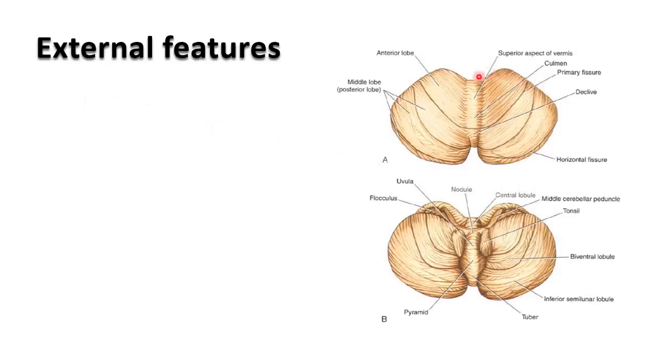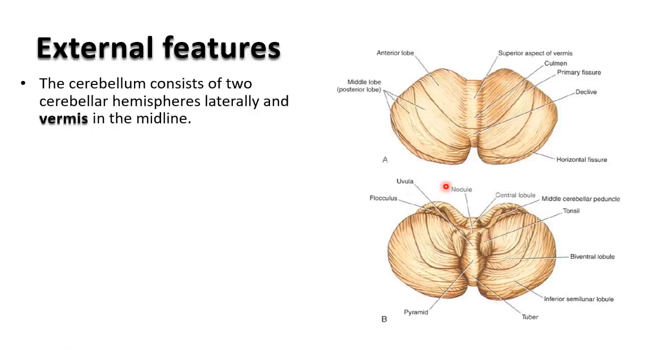This is the superior surface of the cerebellum which you are able to see here, and that is the inferior surface. When you look at the superior surface, it consists of two cerebellar hemispheres. This lateral mass is called the cerebellar hemispheres, and in the midline you see a structure called the vermis.